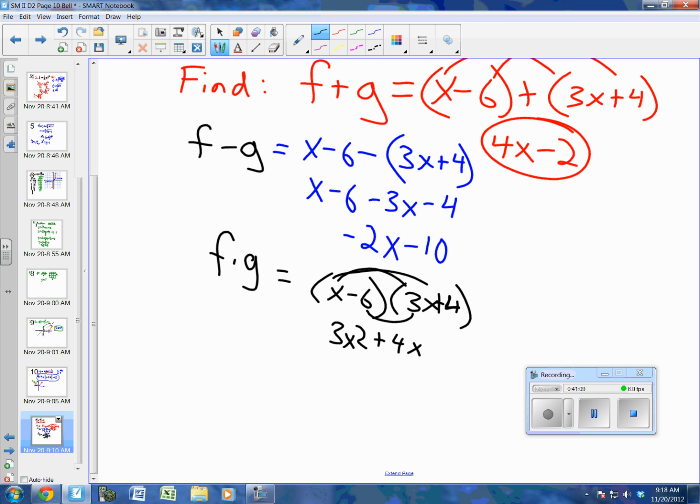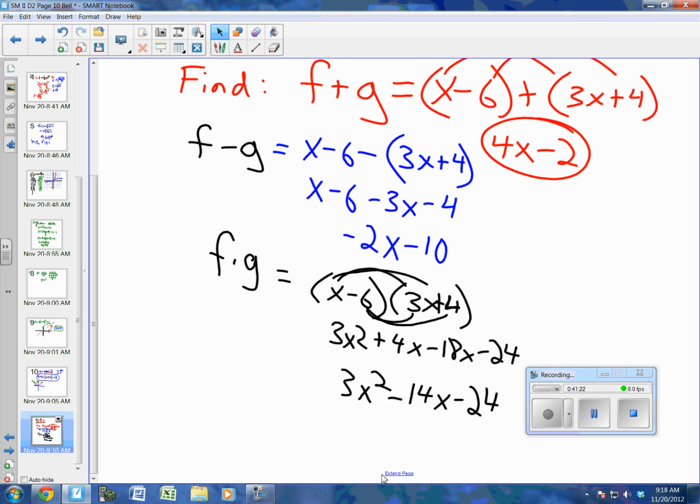Negative 6 times 3x is negative 18x. Negative 6 times 4 is negative 24. Add the two middle terms, and we get negative 14x. Is that what you had, Carly? I'm sorry. Oh, okay. I couldn't read it. Okay, so that's what you have.